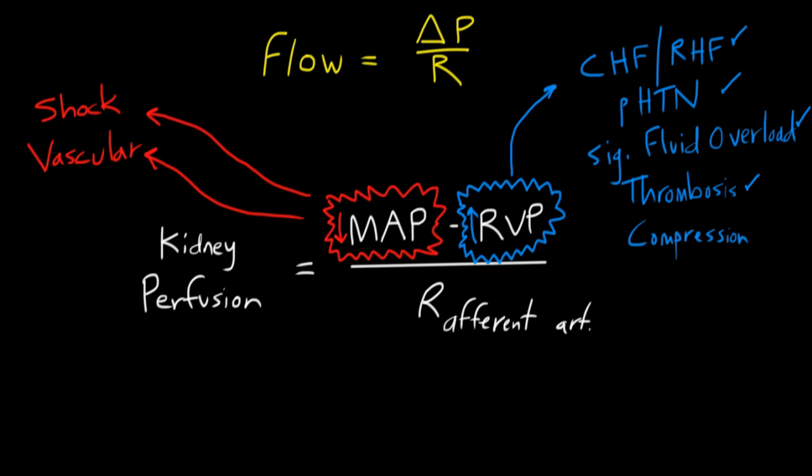So thrombosis of the IVC, thrombosis of the renal veins, that would increase renal venous pressure and affect kidney function. Also think about compression of the IVC or renal veins by tumor, any kind of mass. A severe bleed can compress the veins. Any kind of intra-abdominal process can cause compression of renal veins, and that's a severe problem.